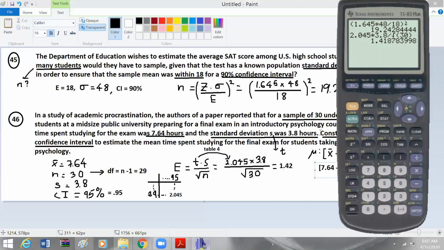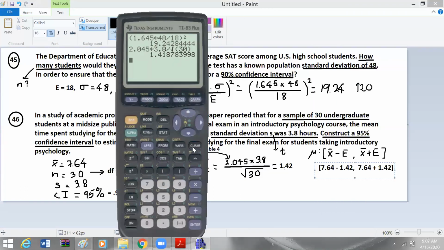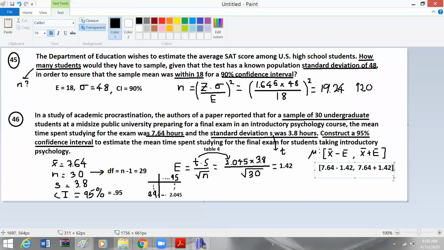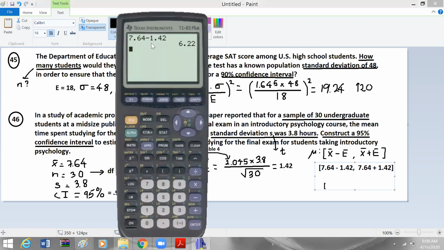Then we just do the calculation for that part. 7.64 minus 1.42, and we got the answer 6.22. Let me make it a little bigger. Then we compute 7.64 plus 1.42.